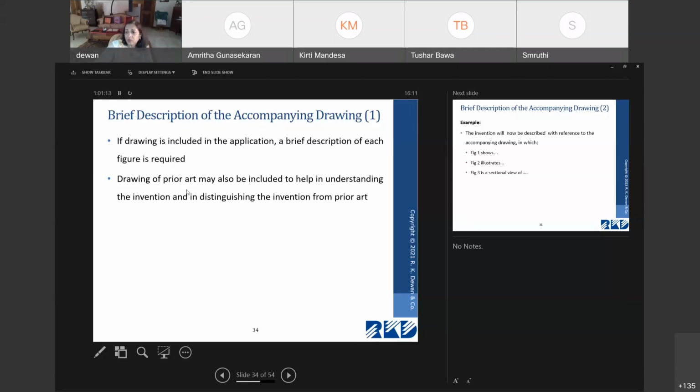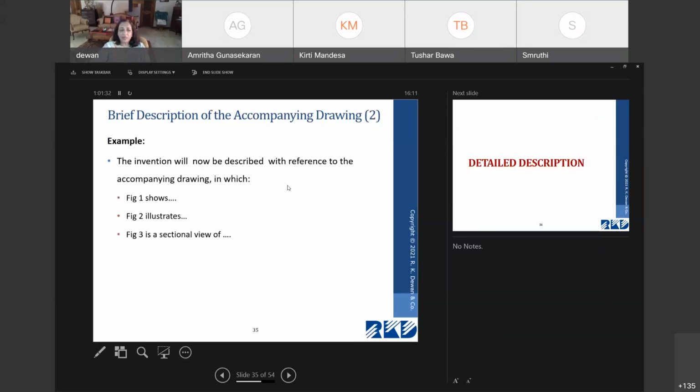Sometimes it helps to really illustrate the difference between the prior art and the present invention. So if you think the drawing is going to be useful, you can use a drawing from a prior art but differentiate it from the invention.